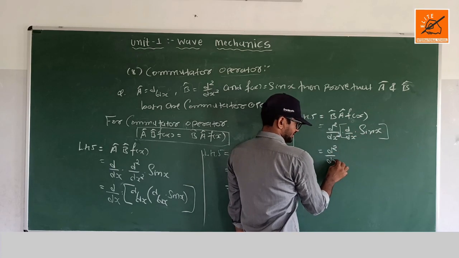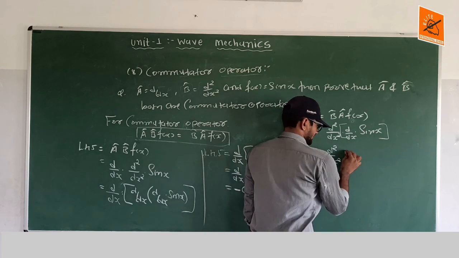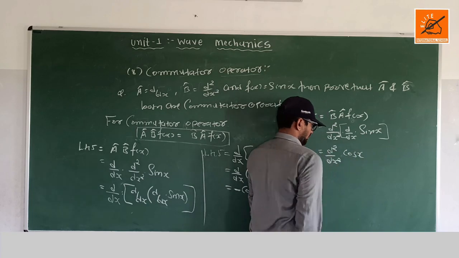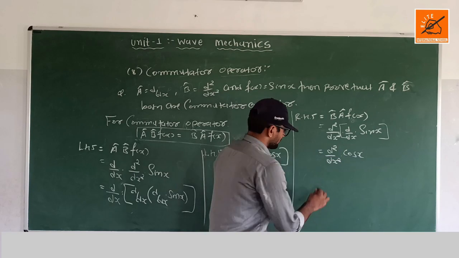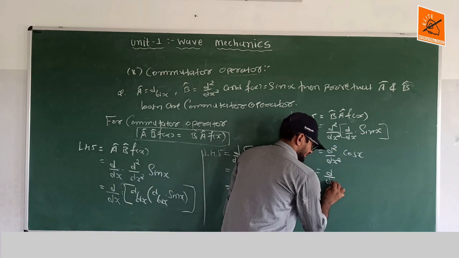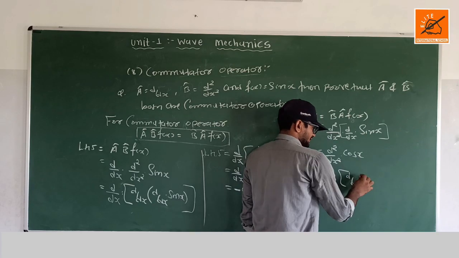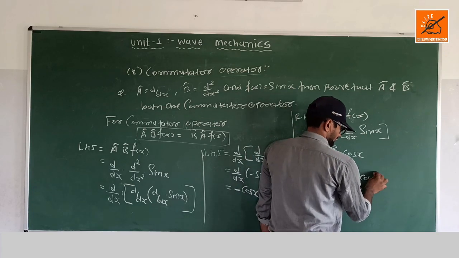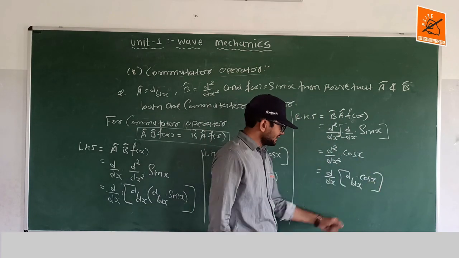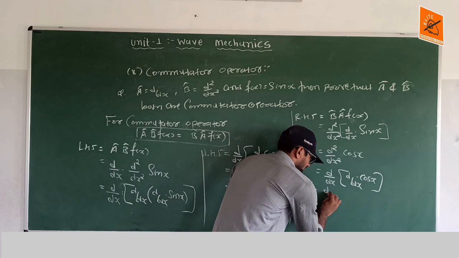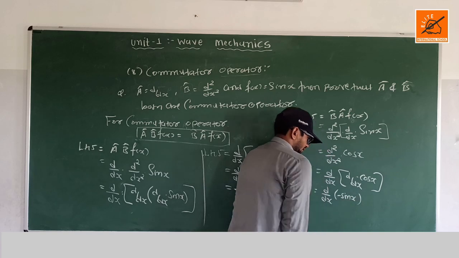The value of d by dx of sin x is equal to cos x. Now the square of an operator, d square upon dx square, means d by dx into d by dx of cos x. So now the value of d by dx of cos x is minus sin x, so d by dx into minus sin x.